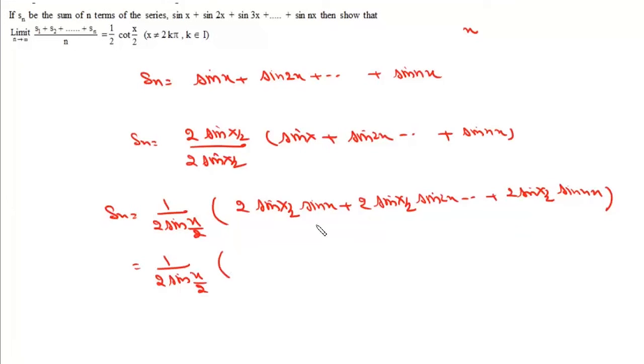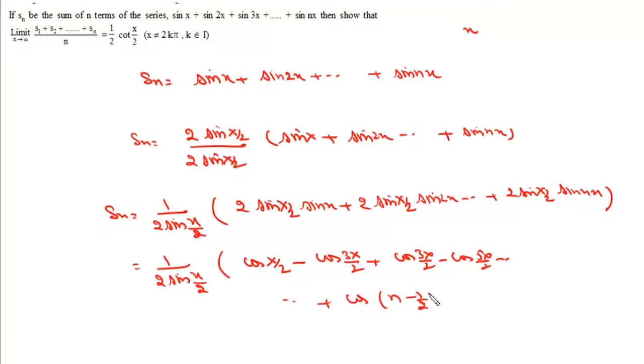Now this is 2 sin A sin B. So it will be cos A minus B, which is cos x by 2 minus cos 3x by 2. Now here will be cos 3x by 2 minus cos 5x by 2. And in the end we'll have cos n minus 1 by 2x minus cos n plus 1 by 2x.